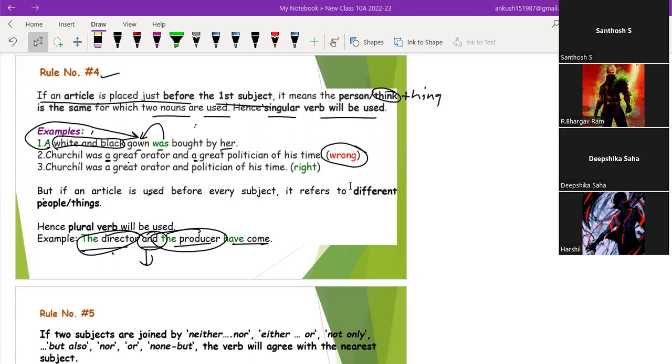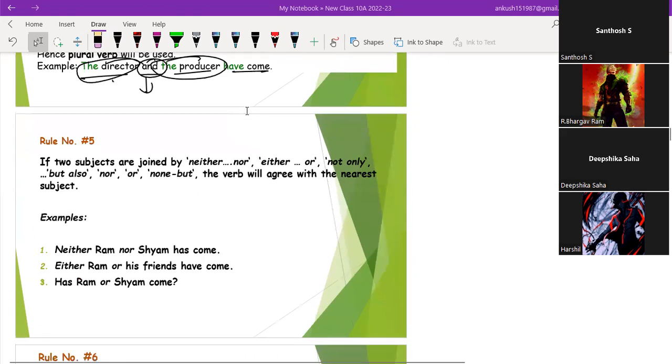Another rule of using articles with the subject: whenever you are using the article with every subject, they are referring to different people. But if they are joined together, they would become a plural or combined subject, and the verb would be plural.